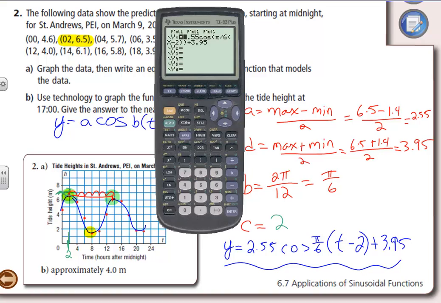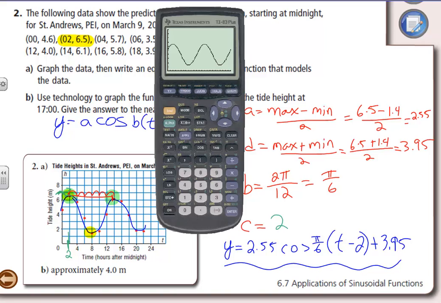So we punch it into the calculator with the same window that we see there, 0 to 24 and 0 to 10, and then we graph it. Good, looks like that.